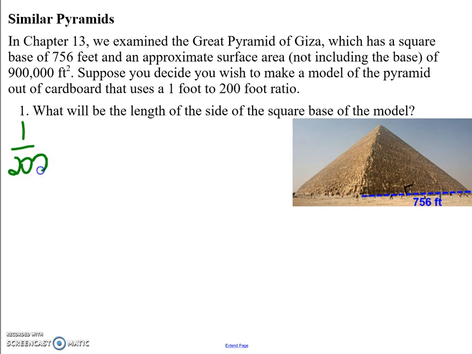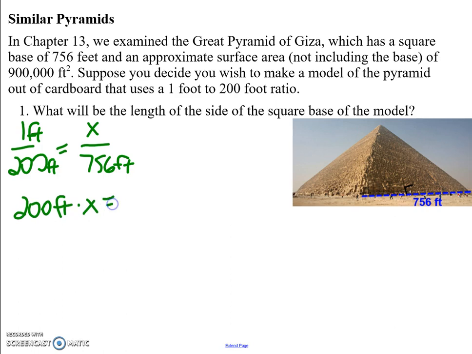So if I go 1 to 200, I know that I can go x to 756. And I know that's in feet. So I know this is 1 foot and this is 200 feet. So I get 200 feet times x equals 756 square feet.